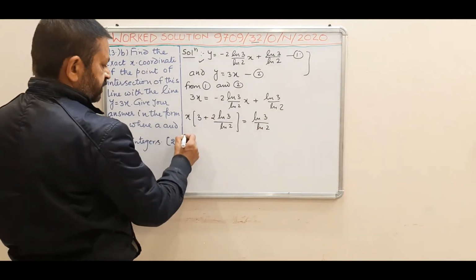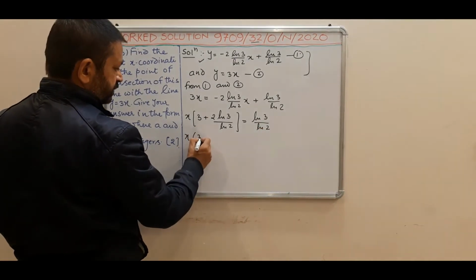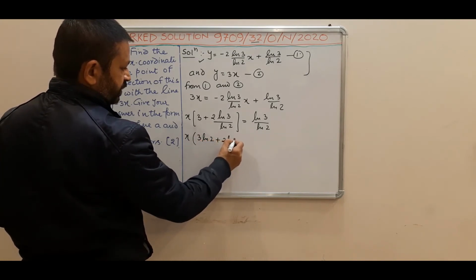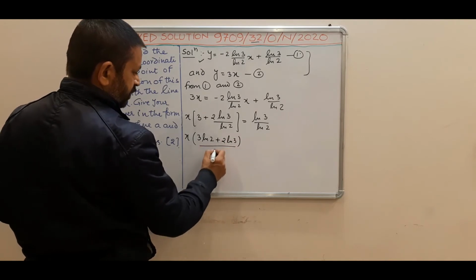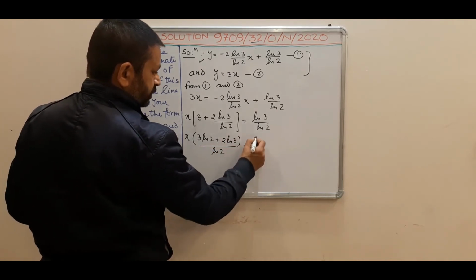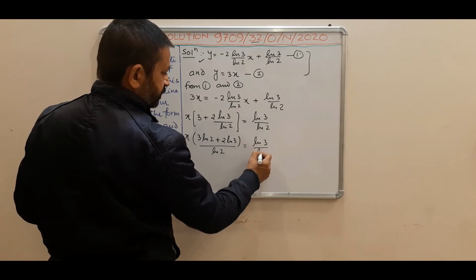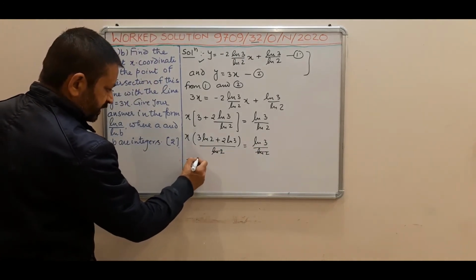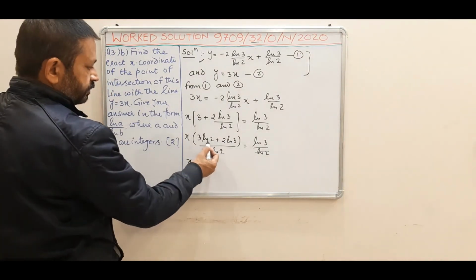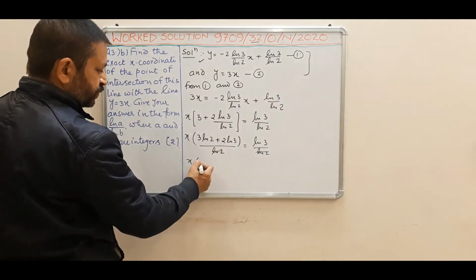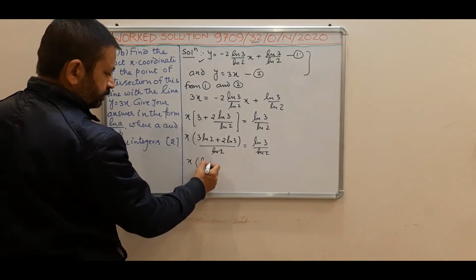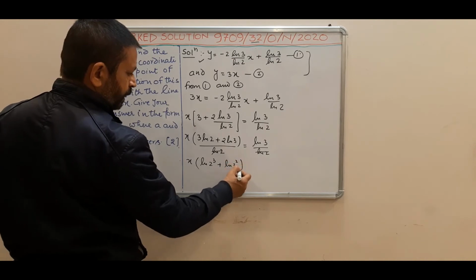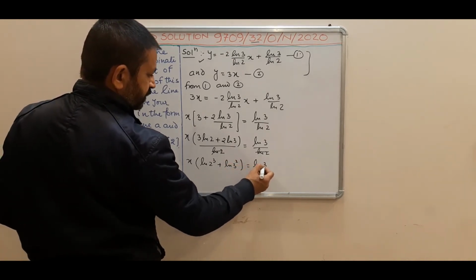We can take its LCM here. It will become x times 3 ln 2 plus 2 ln 3 upon ln 2 is equal to ln 3 upon ln 2. Right, ln 2 will be cancelled out, so it will become x times 3 ln 2, which can be written as ln 2 cube, plus this will become ln 3 square, is equal to ln 3.